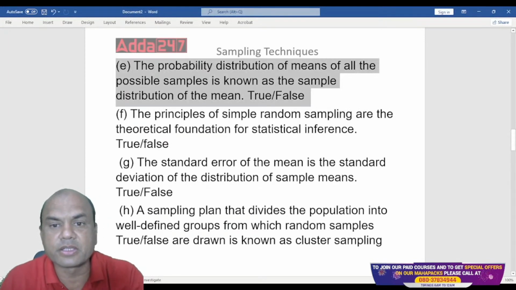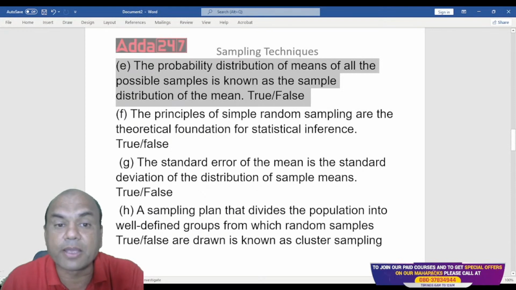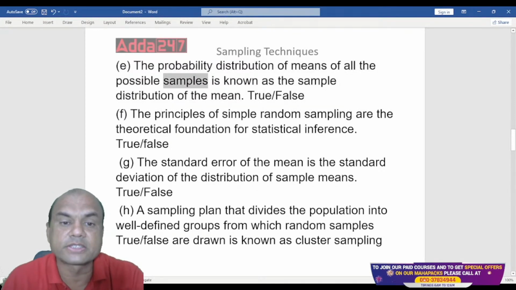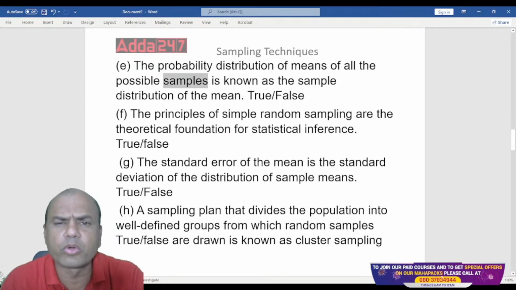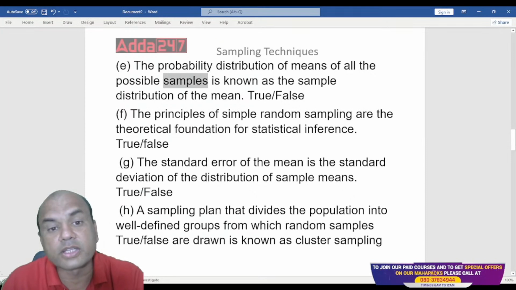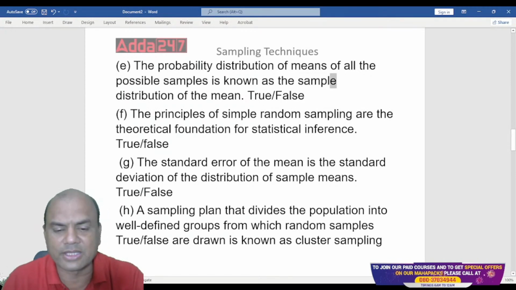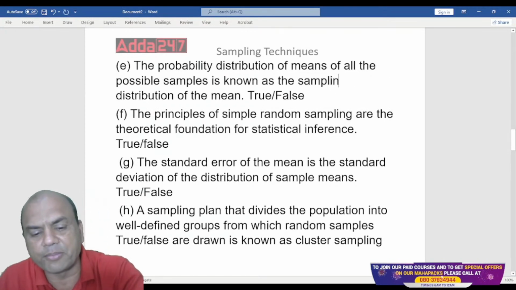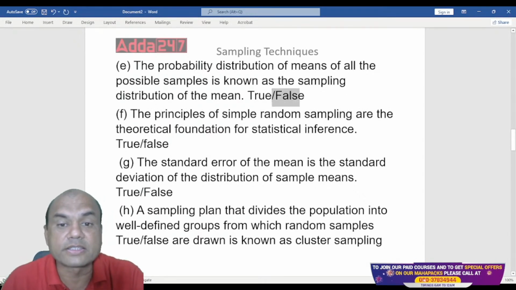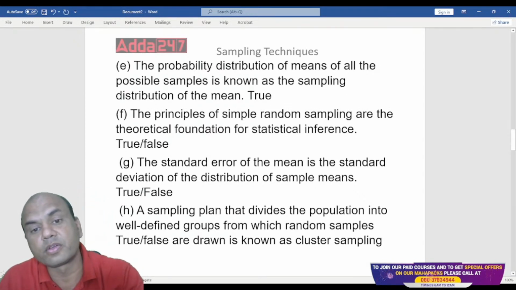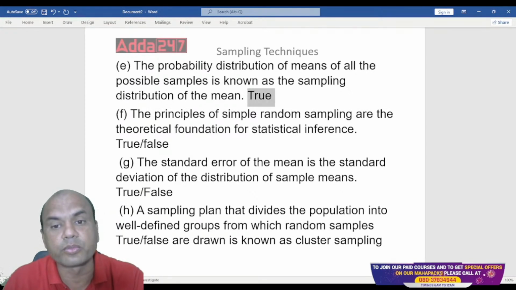Probability distribution of the means of the samples. So we are focusing on the word samples over here. Whenever we do the probability distribution of any mean, mode or median for the samples, it is known as the sampling distribution. That is the right word actually, sampling, but in the exam they might give you sample also. So this answer is again true.